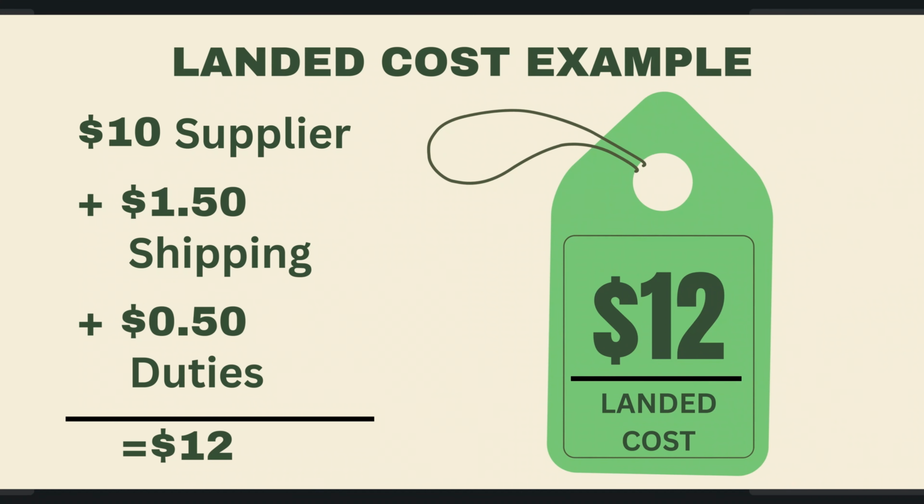If you only record the $10, your gross profit will look higher than it really is. But if you use $12, you see a much more accurate picture of your margins. That's why serious e-commerce businesses always try to calculate their inventory at landed cost, not just invoice price.